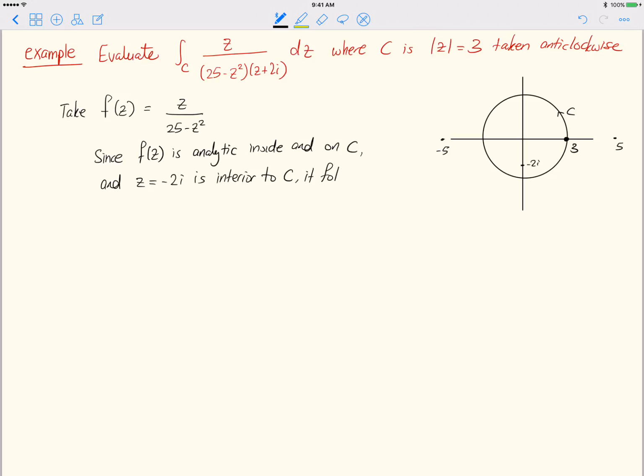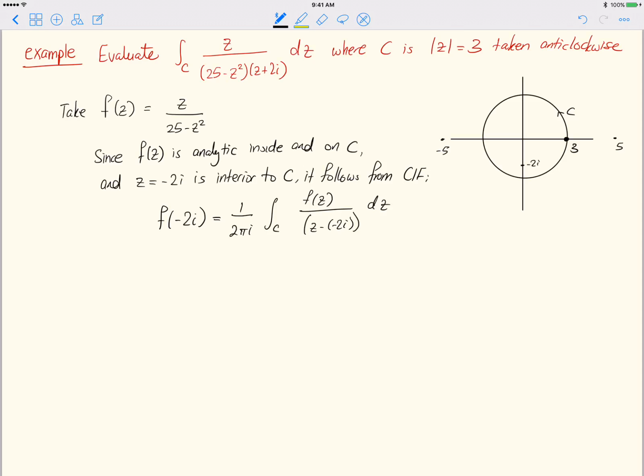It follows from Cauchy's integral formula that f of negative 2i equals 1 on 2 pi i, integral over C of f of z over z minus 2i dz. Right? That's what Cauchy's integral formula says.